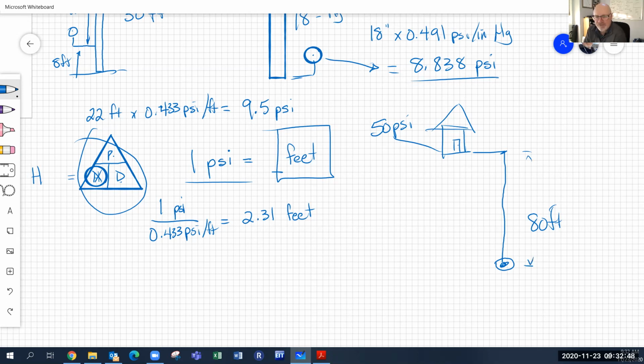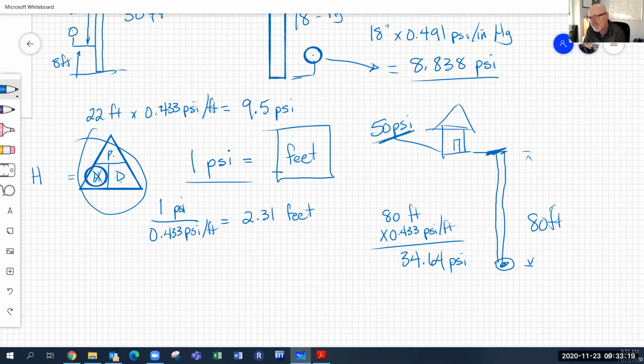Anyways, 80 feet. First off, I have to calculate the pressure of 80 feet times 0.433 PSI per foot. So this pump has to produce 34.64 PSI to get the water all the way up to this point right here.